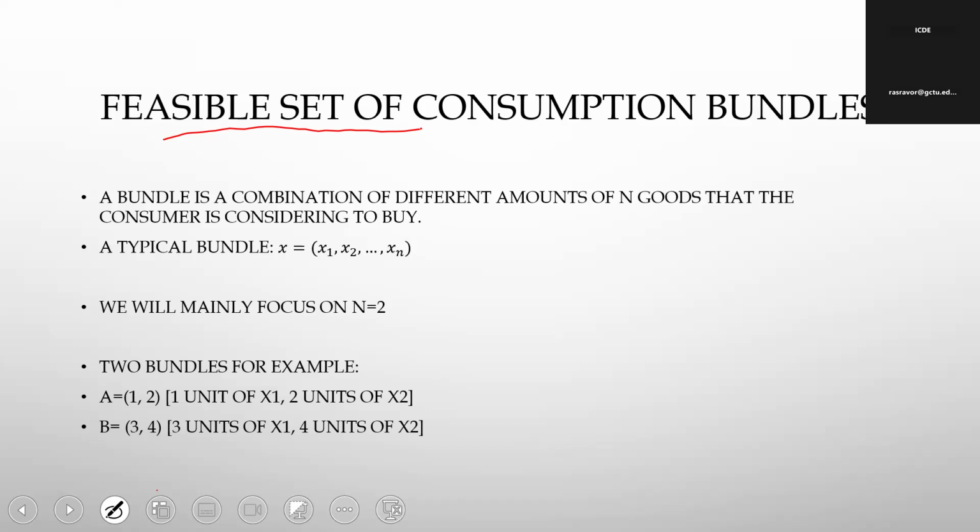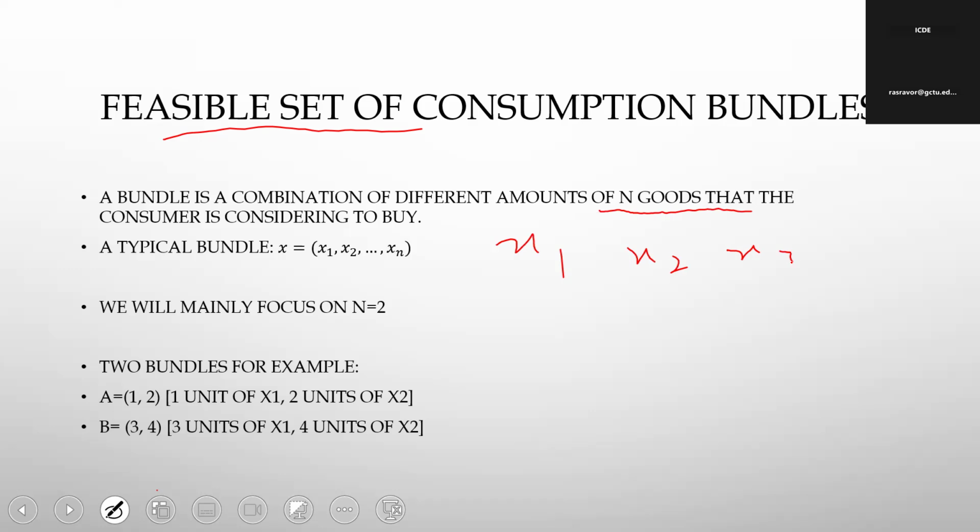And that is the different combinations of goods that the consumer is considering buying, given the amount of income available. So typically, you will see me write X1, X2, X3, etc. X1, X2 can be a set of goods.